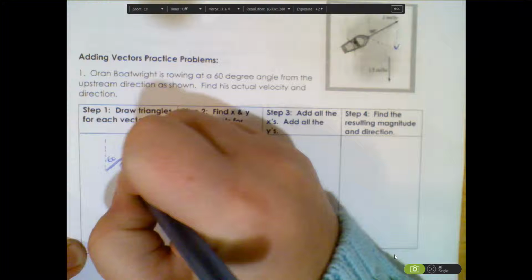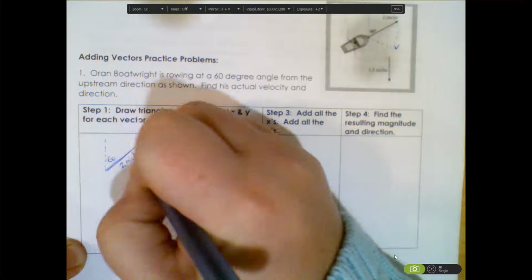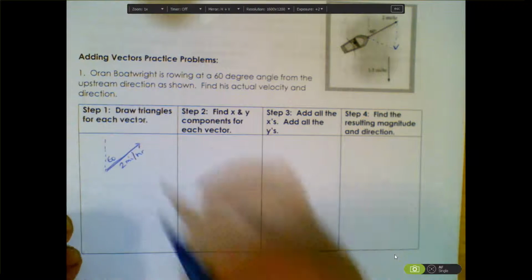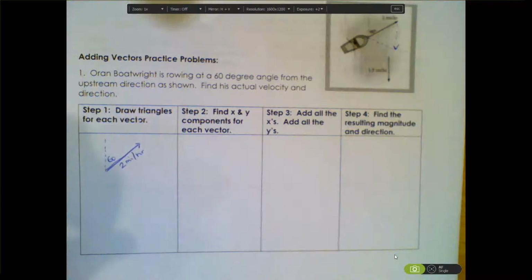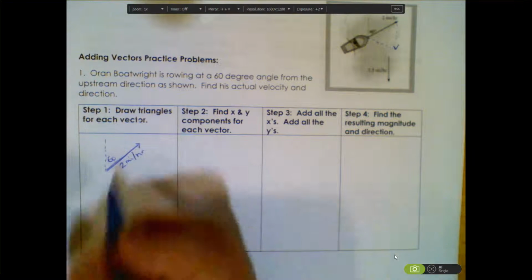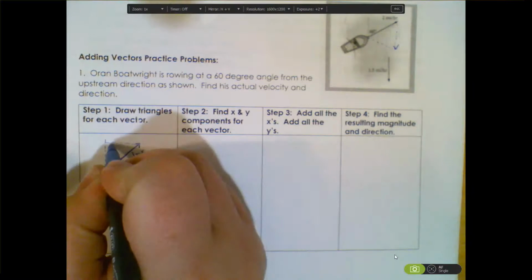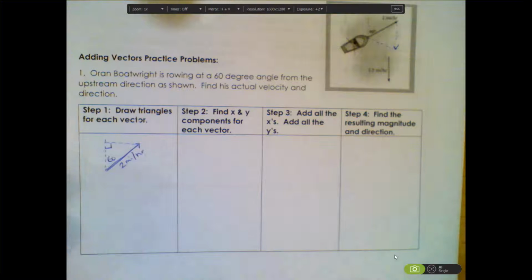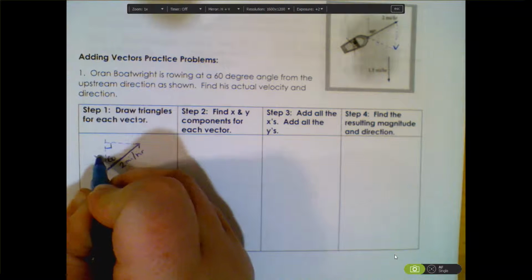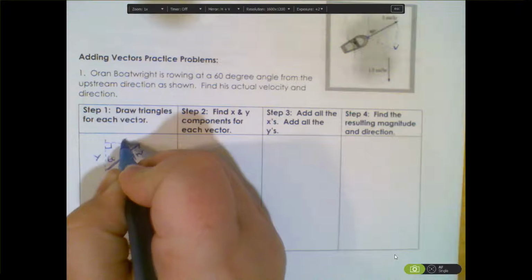So I'm going to write that 2 miles per hour here. And I'm going to create a right triangle with this vector. So the easiest way to do that is just to connect over here. This is a right angle. And when I talk about finding the x and y components, I want to find this y distance here and this x distance here.